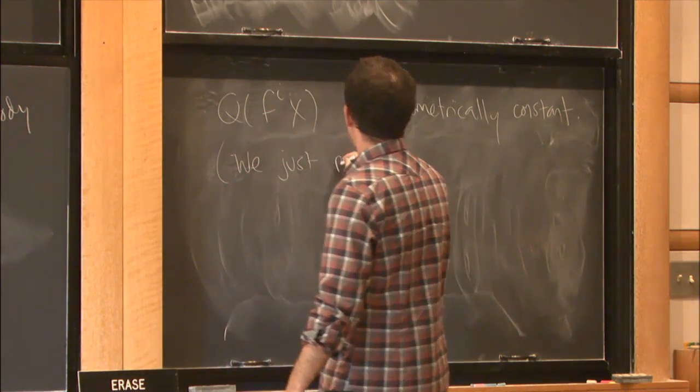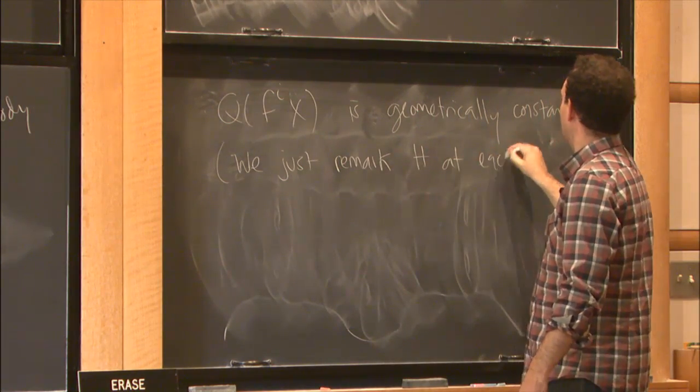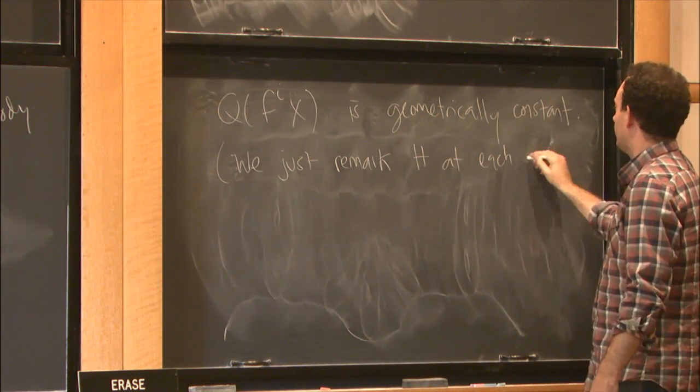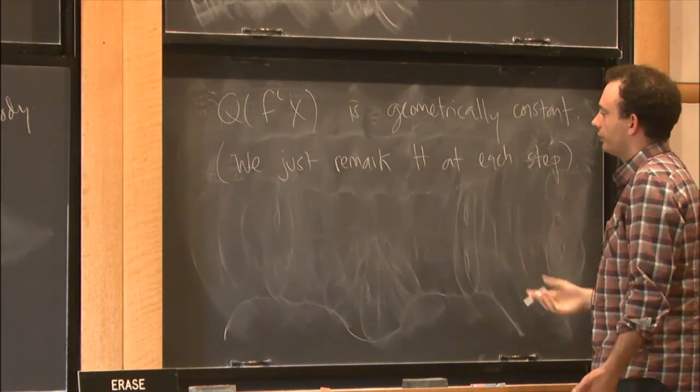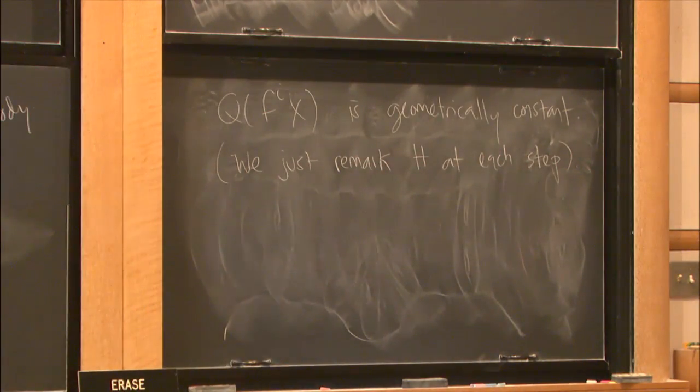We just remark H at each step. And so geometrically, you're not changing the geometry of the manifold. You're just changing the way that you're looking at it. And so geometrically, we have a constant sequence.